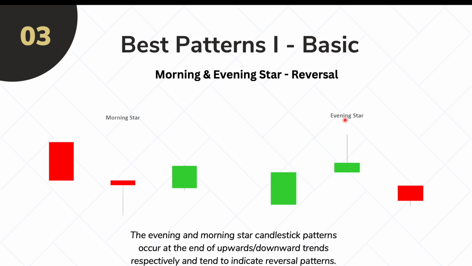Those were examples of morning and evening stars. Again, don't memorize the names. It's not needed. The evening and morning star patterns occur at the end of upward and downward trends respectively and tend to indicate reversals. So again, look at this pattern at an important level, an old high or low, or another important level based on the language you are speaking to the market.